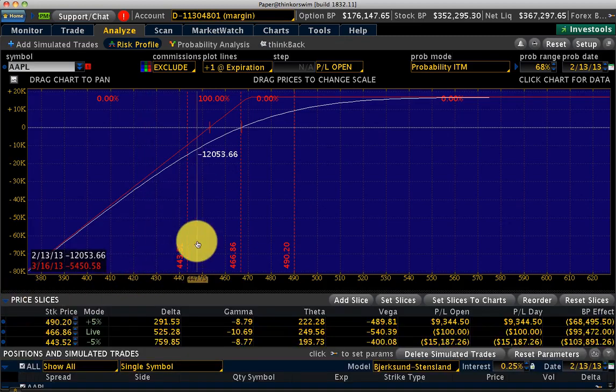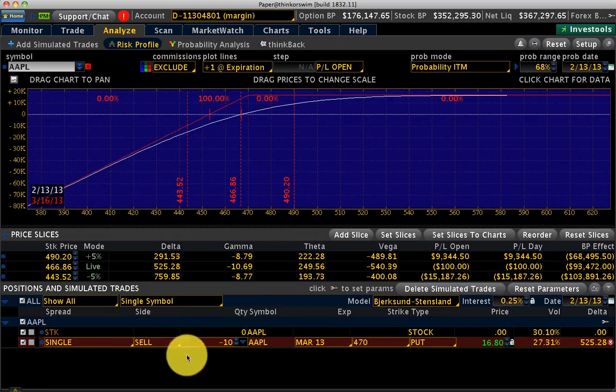One of the things you're going to have to look at is the margin. If you want to be a seller of options, you've got to be prepared with very high margins. In this case, if we sold 10 contracts of the 470 put and received this premium, your broker is going to hold almost $94,000 as margin.